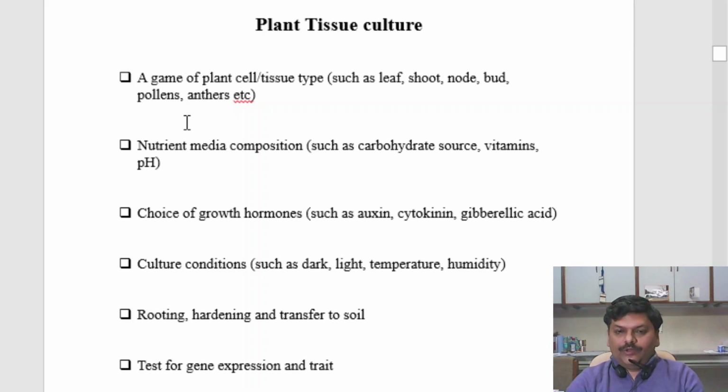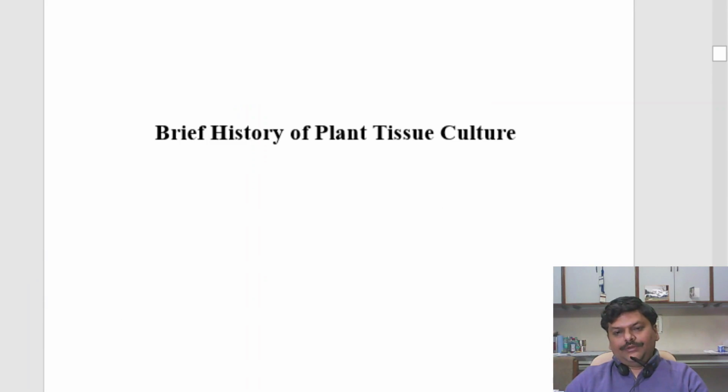We need carbohydrates, we need proteins, we need vitamins, we need minerals for proper growth and development. Same way, plants also need all these things for their proper growth and development. Plants also need hormones. And then specific culture conditions are provided, followed by the hardening or the transfer of regenerated plants to soil, and then we carry out the test for our intended purpose for which we have done the plant tissue culture.